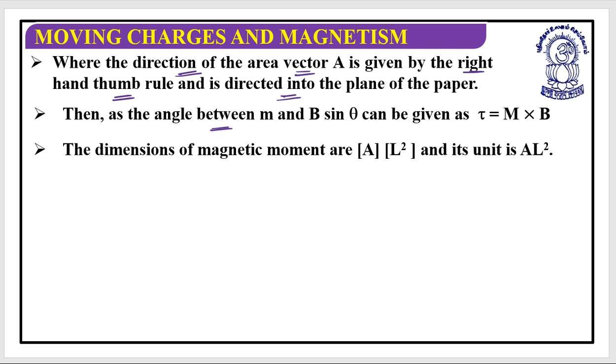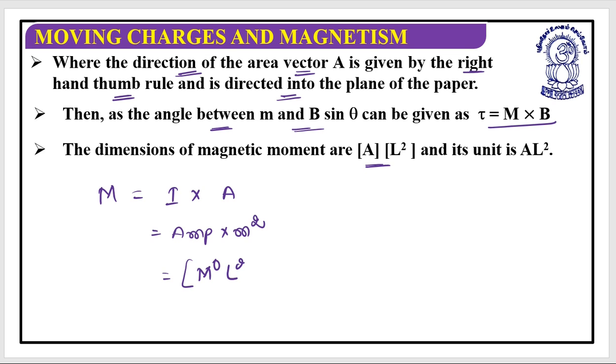Then, with the angle between M and B being theta, the torque equals M cross B. For the dimensions of magnetic moment, M equals I into A. I stands for ampere, area stands for meter square, so that could be written as M0 L2 T0 A1.